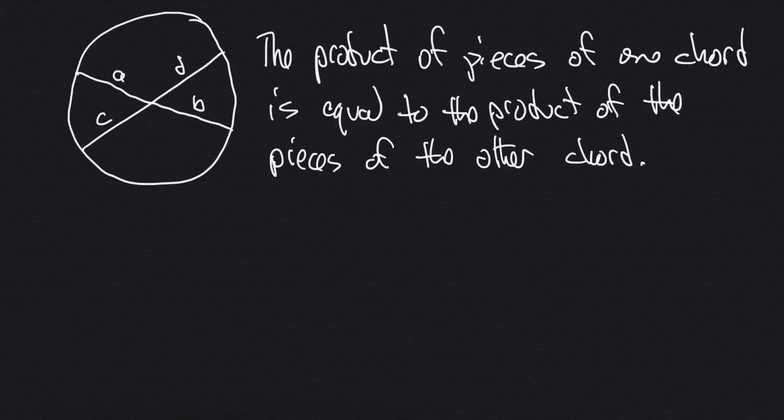So basically, we just need to make sure that we get the same chord. So these two pieces here, A and B, if we were to multiply those together, that would equal the result we get when we multiply C and D. So a simple equation would kind of look like this: A times B equals C times D.